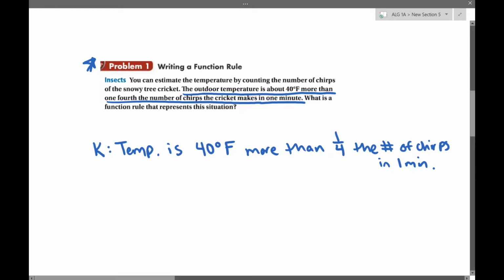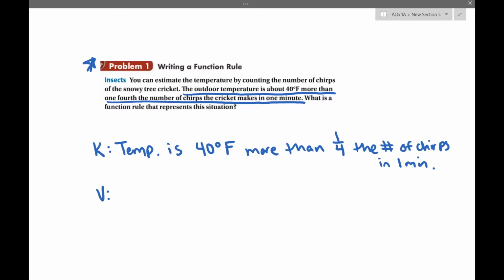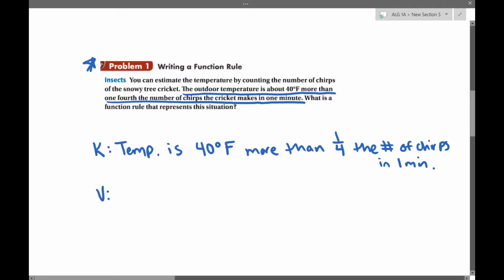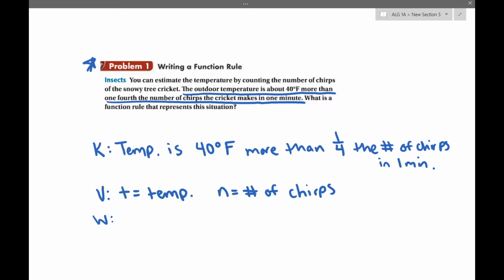Alright? Now we need to provide some variables. So our V's stand for variables. Okay? So we need to know what the temperature is. So T for temperature. T equals temperature. And the other thing we need to know is the number of chirps. So we'll say N for number of chirps. Alright? And now let's write this out. So my temperature is 40 degrees more than 1/4 the number of chirps.